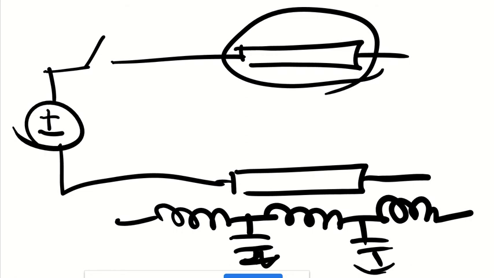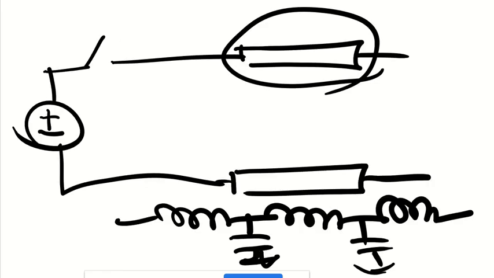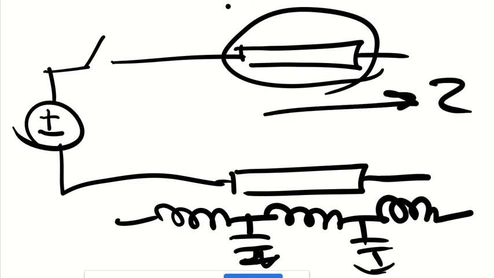Now, I won't go through the maths, but if you model mathematically this system that I just drew here, so if this is Z in this direction, I have voltage going through and current. The equations will look like this.